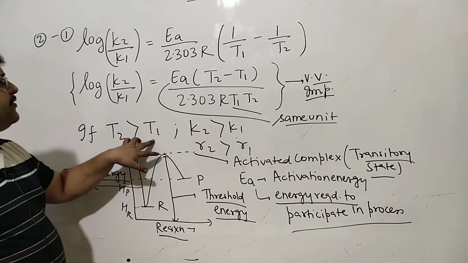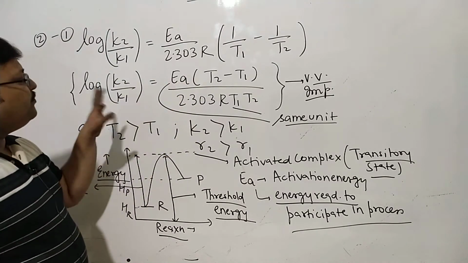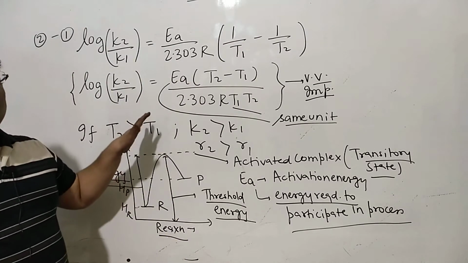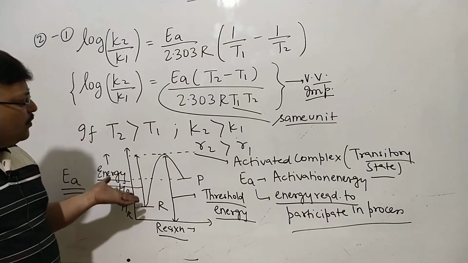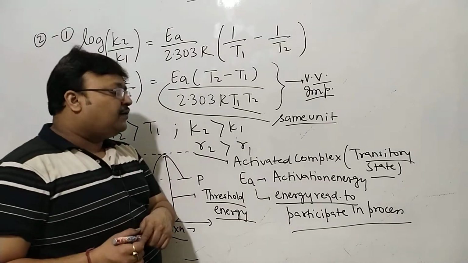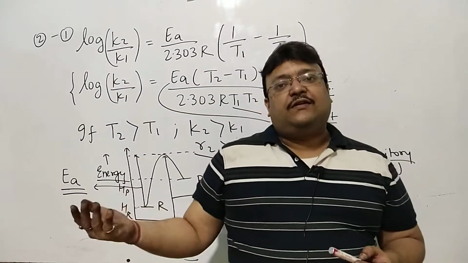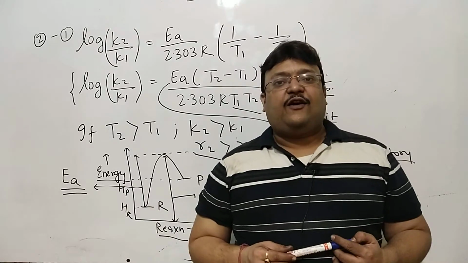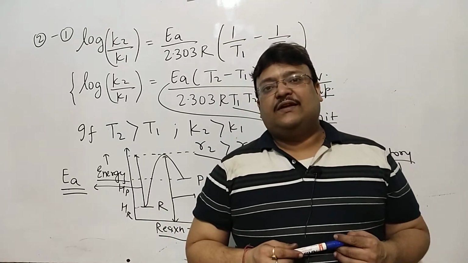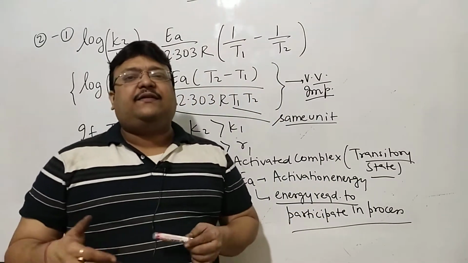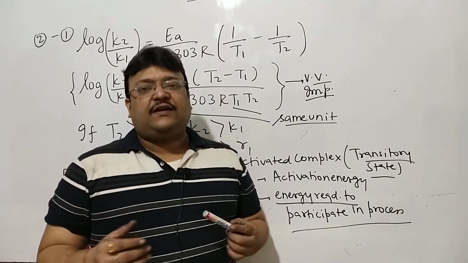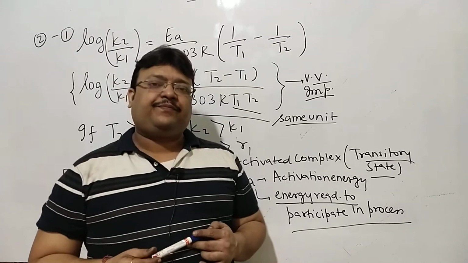Mathematically K2 is more than K1, logically. More molecules possess activation energy, more molecules cross this barrier, and the rate of the process will go up. So this was one aspect of increasing the rate of the reaction, by increasing temperature.